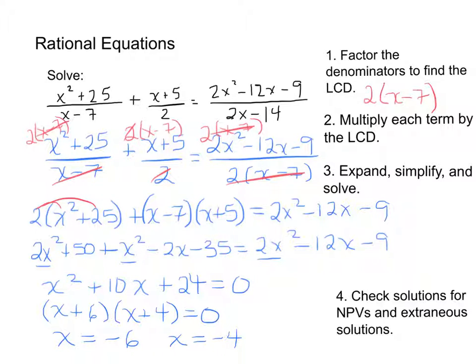So that actually tells me that there are no extraneous solutions here because the solutions are negative 6 and negative 4, and that's okay. The problem would be if I got a solution of x equals 7 and my non-permissible value was x equals 7, then that would cause an extraneous solution. But these are fine. I should still check and make sure that they work just by filling them into the original.